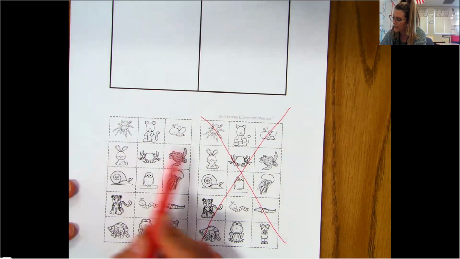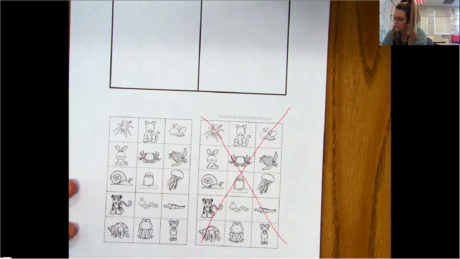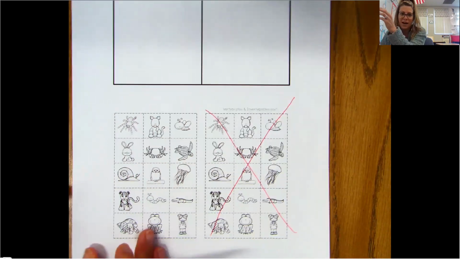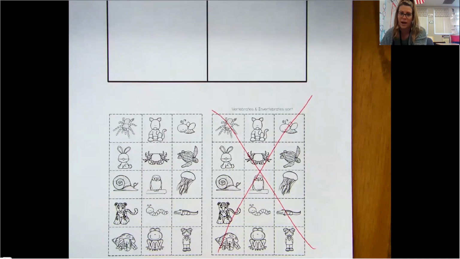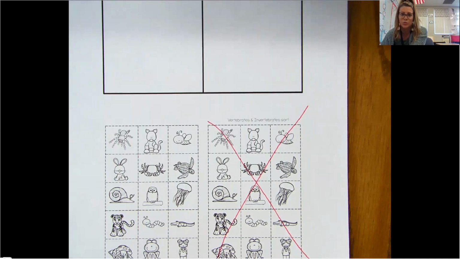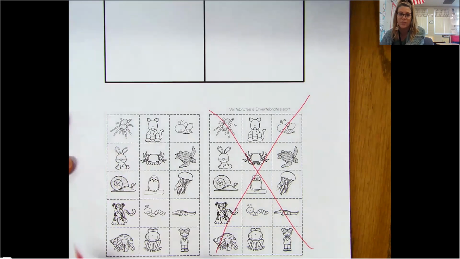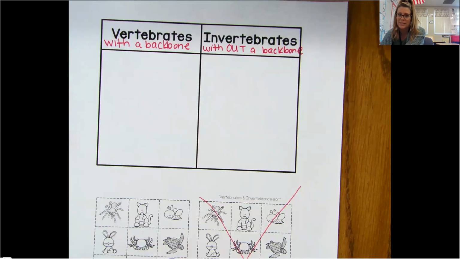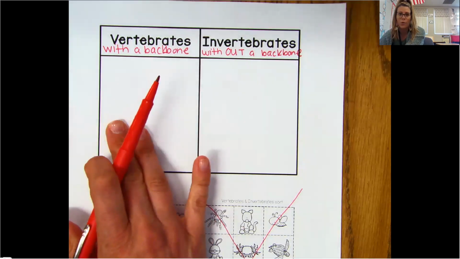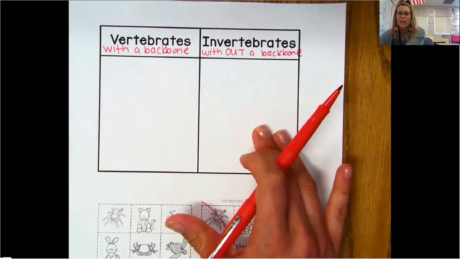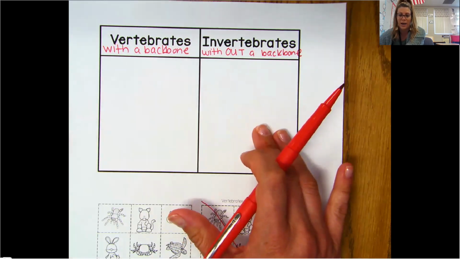So we have a bunch of different animals. You should be able to identify what each of those animals are, okay? And what I'm going to ask you to do is cut them out and either place them in our vertebrate category or our invertebrate category, okay?